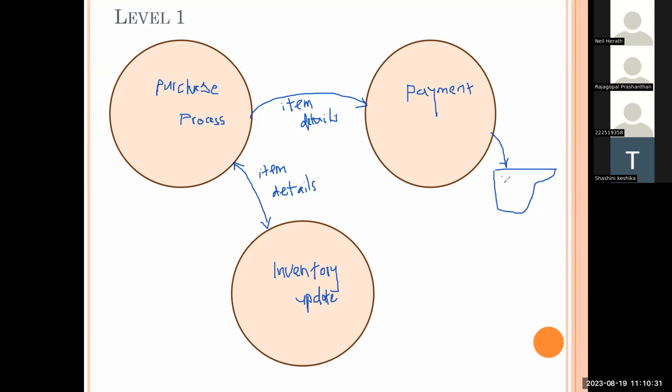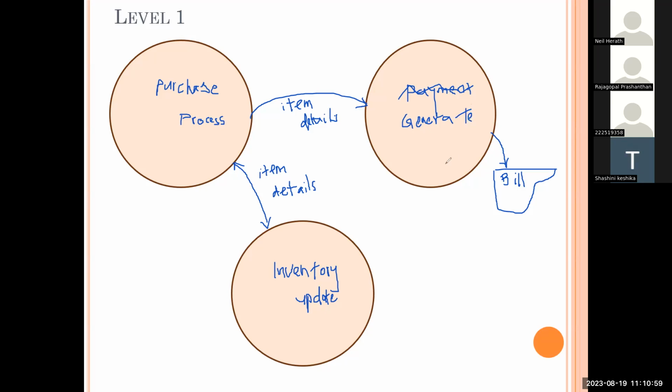Generate bill. Yeah, so the bill or the receipt, right? Generating bill is the process. So instead of payment, then you can say generate bill. That is the process. What comes out is the bill.